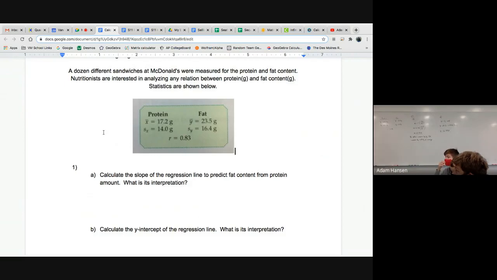And what that means: when a sandwich has 0 grams of protein, we predict it to have 6.782 grams of fat. I don't know what kind of sandwich has 0 grams of protein, but it is what it is. Typically, that y-intercept doesn't have a whole lot of meaning in context, but it is important to understand what y-intercept represents for a line.